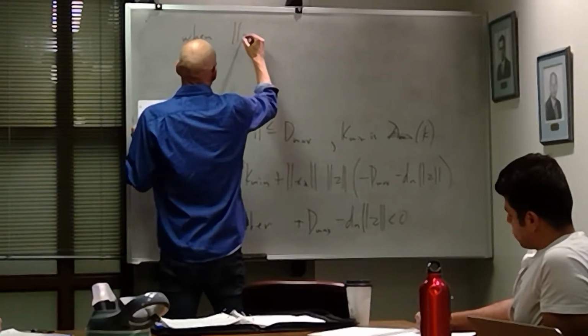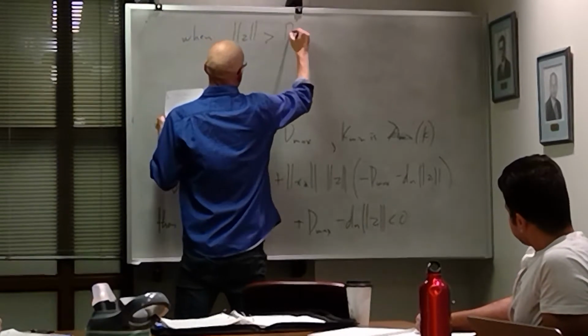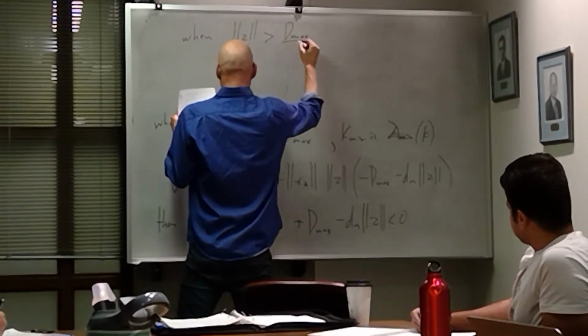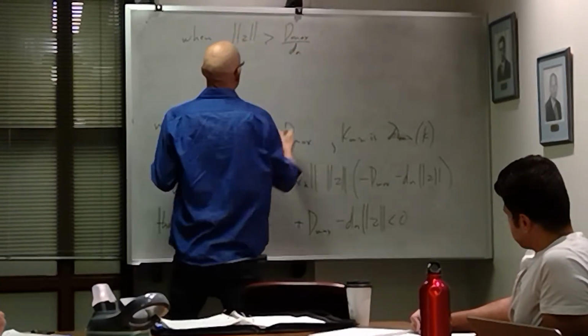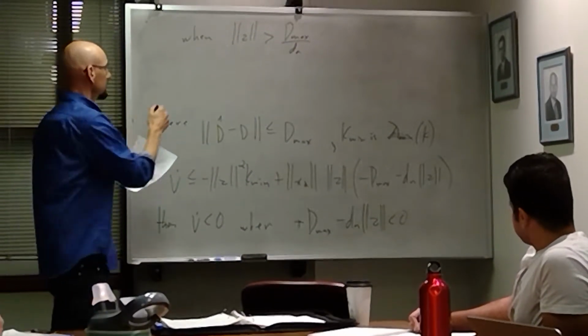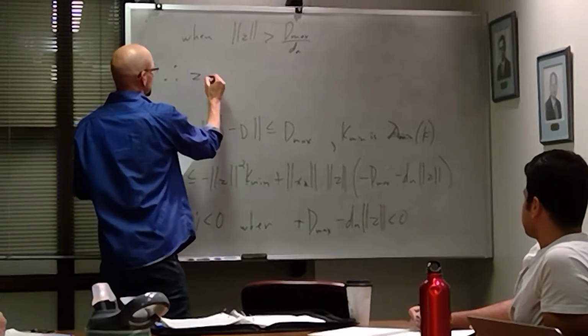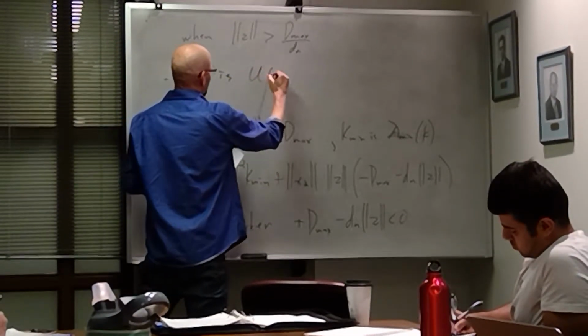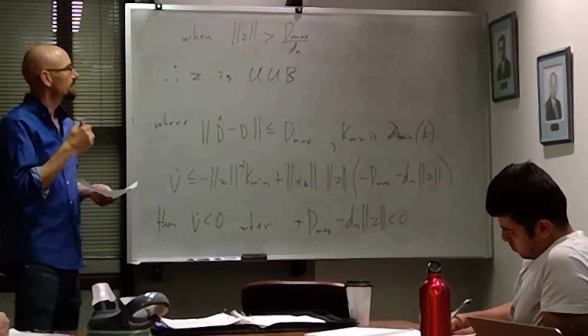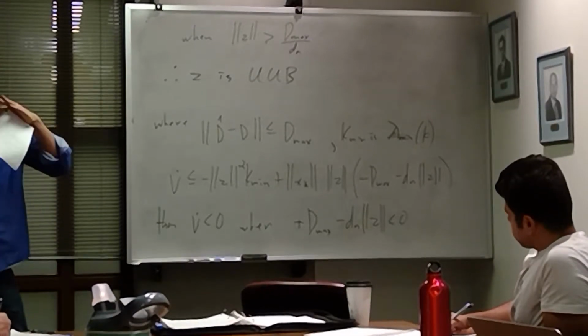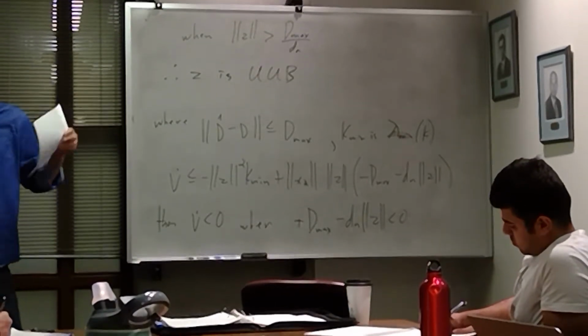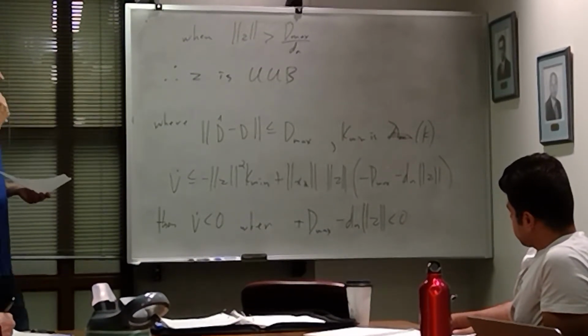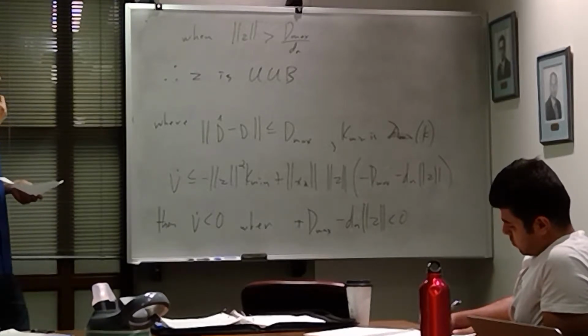In other words, when the norm of z is greater than dmax over dn. So, therefore, z is uniformly ultimately bounded. So now I have a region outside of which V dot is less than 0. Right? So things are uniformly ultimately bounded.